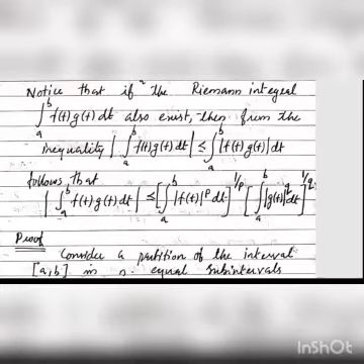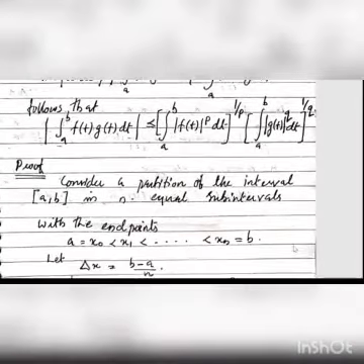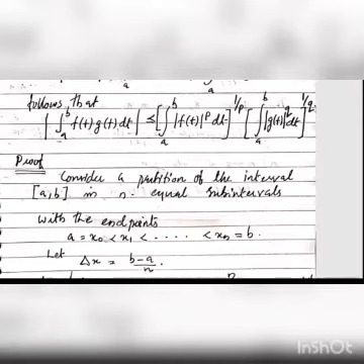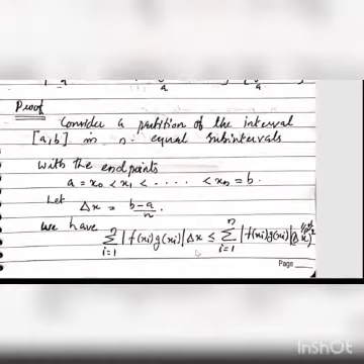So in Riemann integration, we are having a partition of the interval. We will partition that into n equal subintervals such that a is equal to x naught at the start and the last one, xn, is b. And we will have the delta x quantity as b minus a by n. That we have fixed. Now we have sigma i equal to 1 to n mod of f of xi g of xi into delta xi.